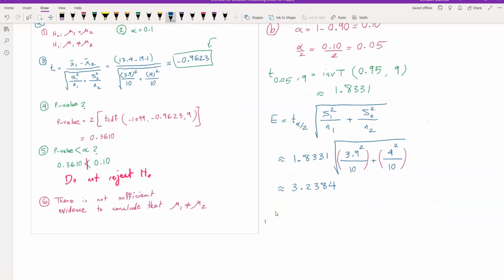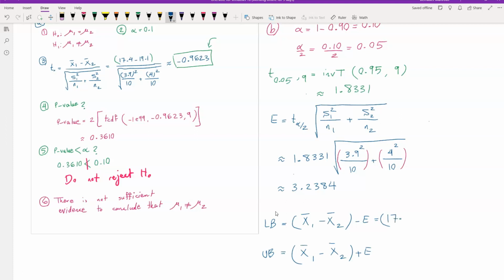And finally find the lower bound and upper bound. So first subtract these two, x bar 1 minus x bar 2, minus E for the lower bound and plus E for the upper bound.